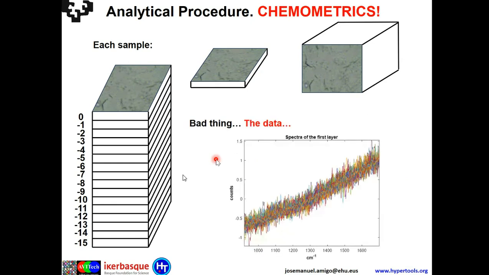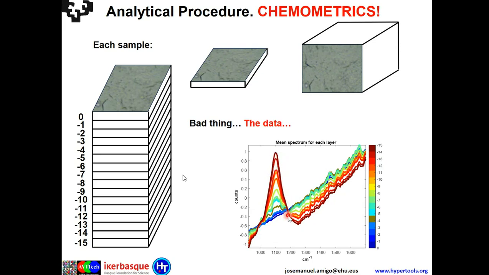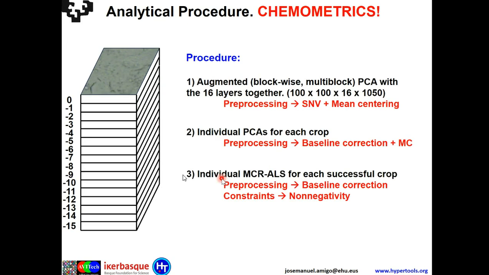So this is what happens when you measure in a real sample in which you have 1 micron or less nanoparticle of that polystyrene surrounded by organic matter that is actually highly emitting signal, like in this case, these are the carotenes in the surface of the muscle. So it was very complicated to find, or we thought that it was very complicated to find the microplastics in there. Okay, so actually I will not explain all the procedure because we will not have time, but I can tell you that what I did is using principal component analysis on an augmented matrix.